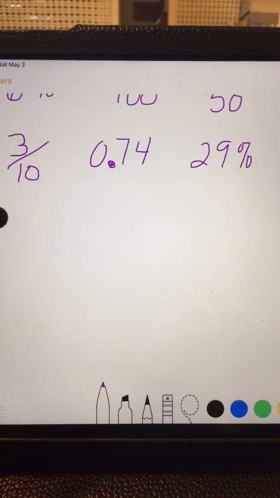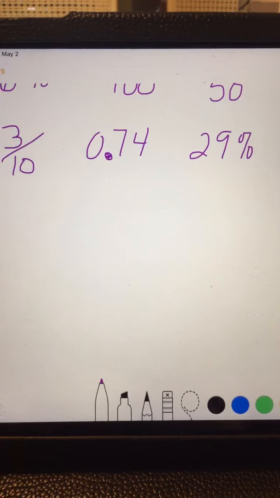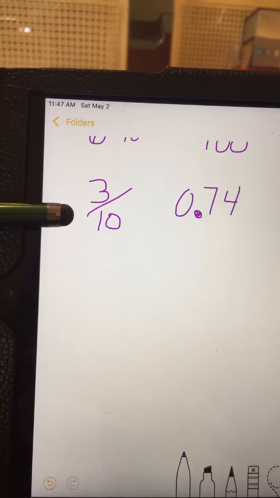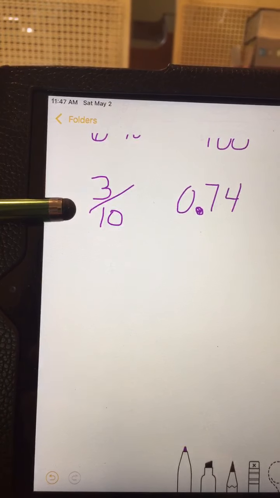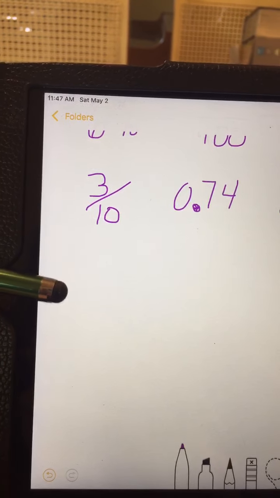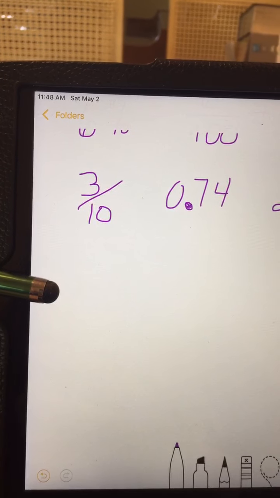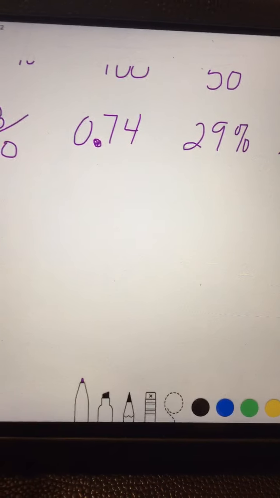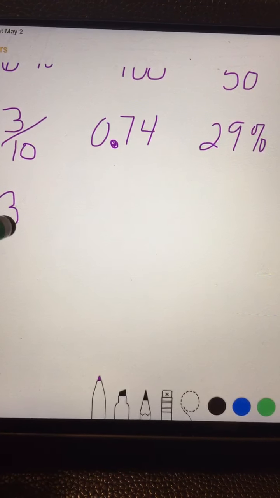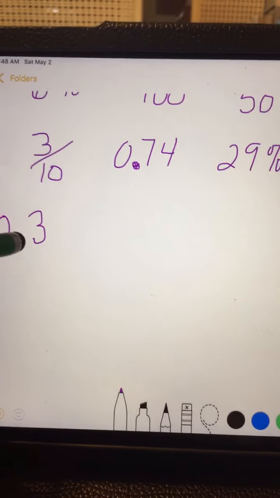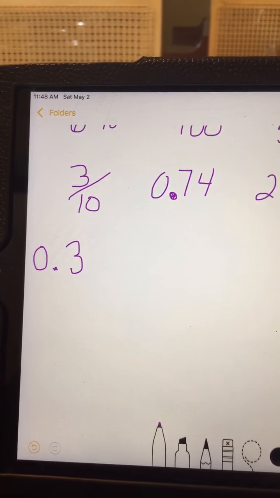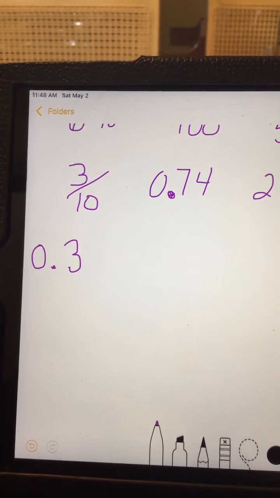3/10. Well, how would I do that? Go back to your notes. 3/10 is a fraction, and if we want to put a fraction to a decimal, what do you do? Well, this one you don't even have to go back to your notes. You should know how to do that already. 3/10 is saying if I write it as a decimal, that's 0.3. You don't have to look at your notes. You should know that.